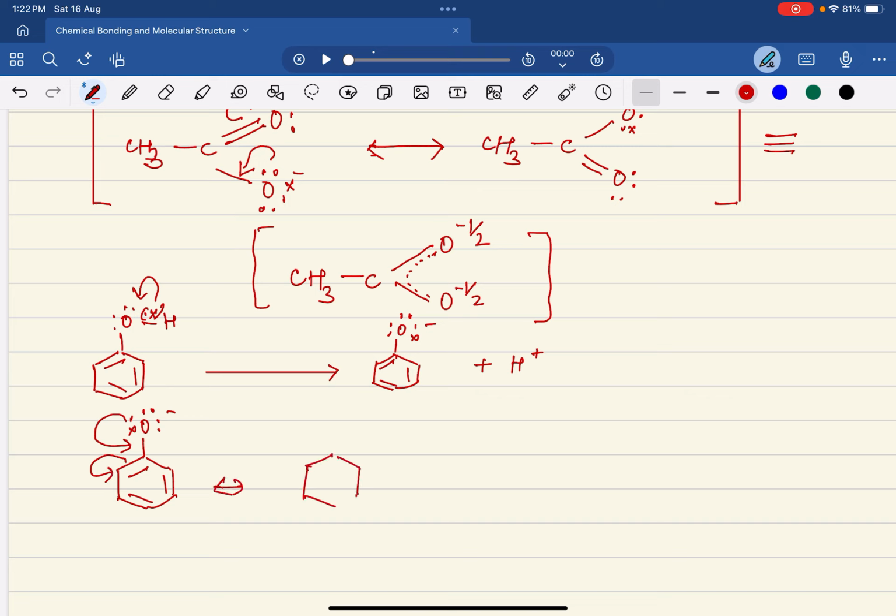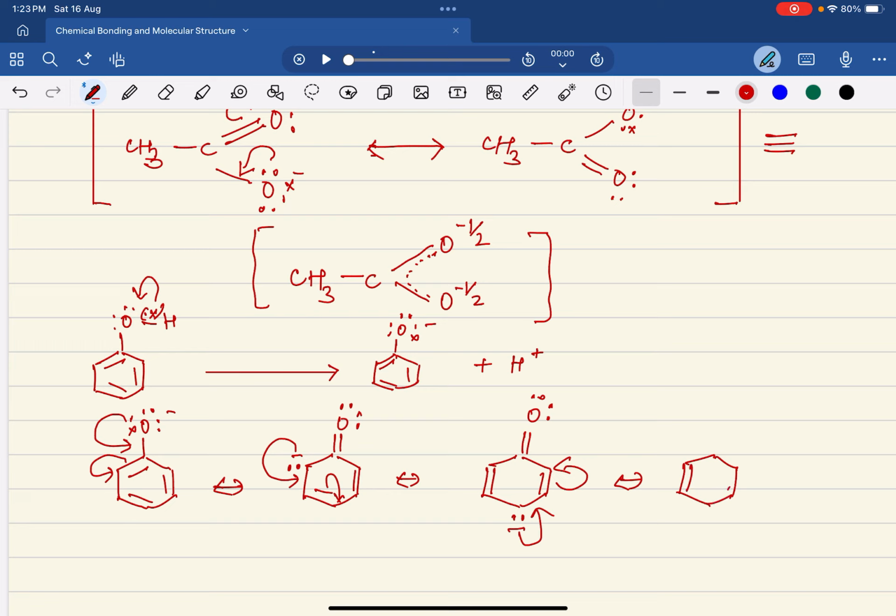So, phenoxide ion exhibits different resonating structures. This is very important. Oxygen acquires a double bond and contains 4 electrons. Then shifting of this electron on this side, when this one is shifted on this side. So, finally, this one acquires a double bond, with 2 electrons and minus sign, then shifting of this charge on this side and this one on this side, and finally the double bond is shifted on this side and the charge finally on this side.